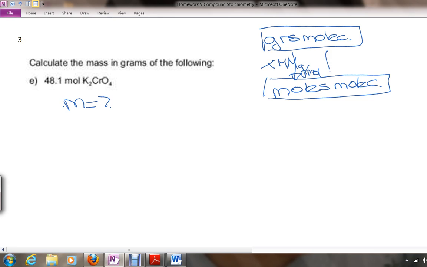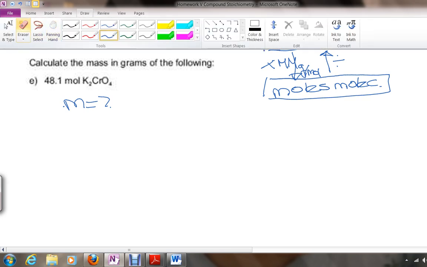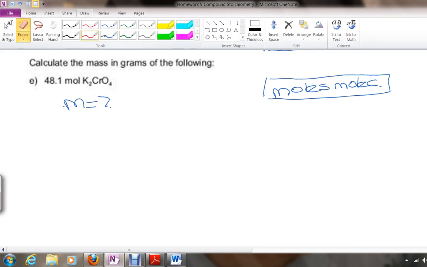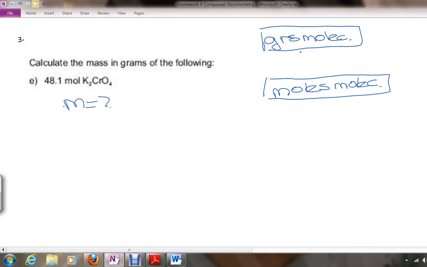And remember, if you're going down, you divide by the molar mass. It's the opposite.